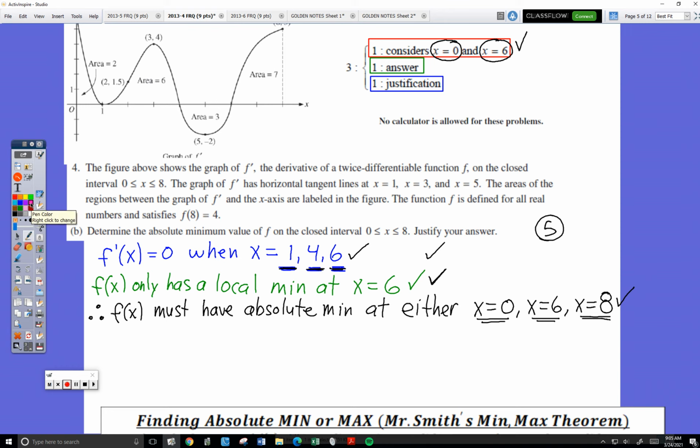You would note, starting at time equals 6, going from time equals 6 all the way to time equals 8. So for that time interval, f prime is positive. So f is increasing.